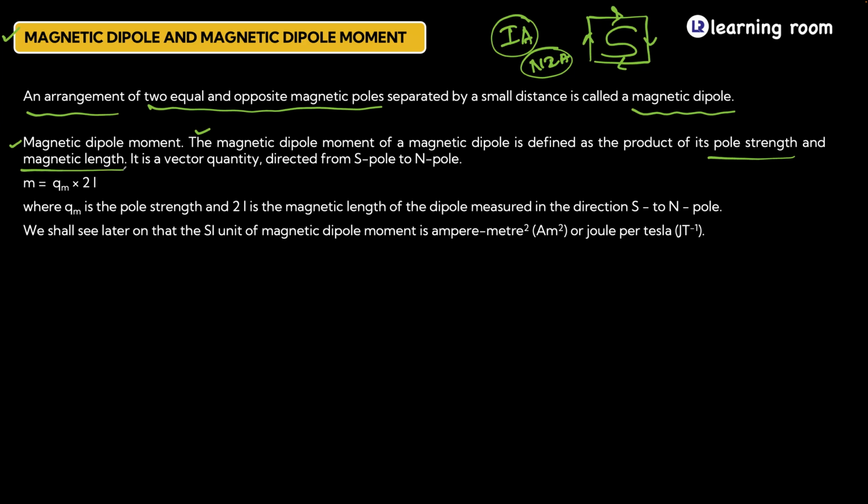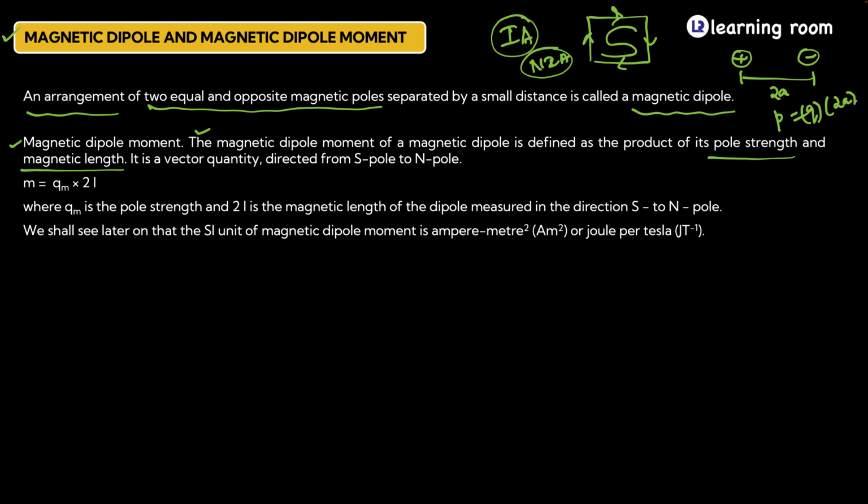If I take this to be a positive charge and this a negative charge, and the distance of separation between them is 2a, then P is equal to Q into 2a. You remember this? Where Q is the magnitude of either of the charges, and 2a is the distance of separation between them.